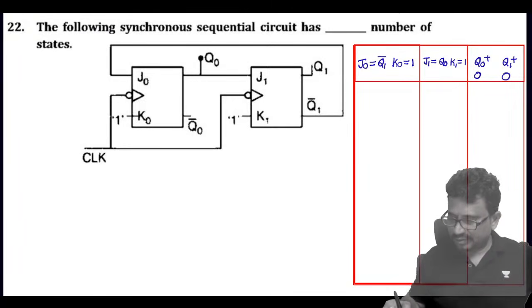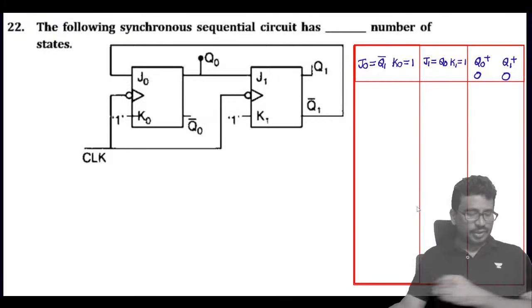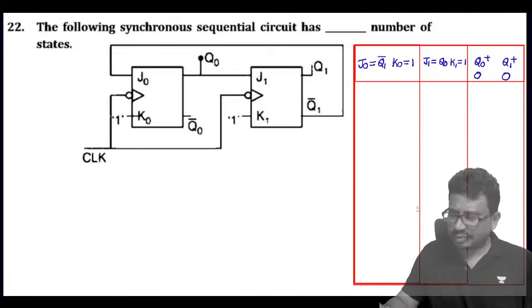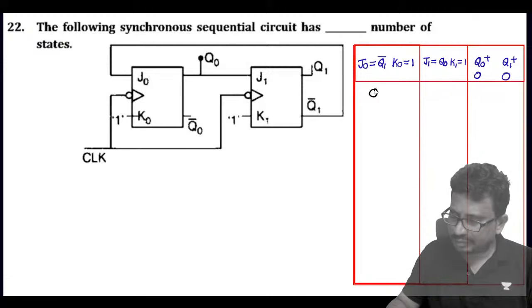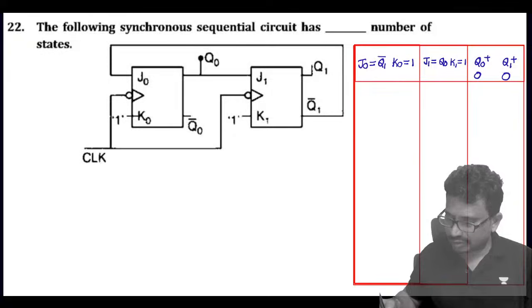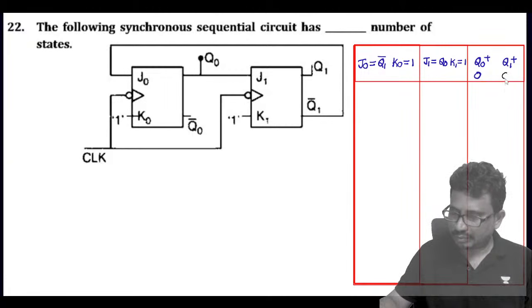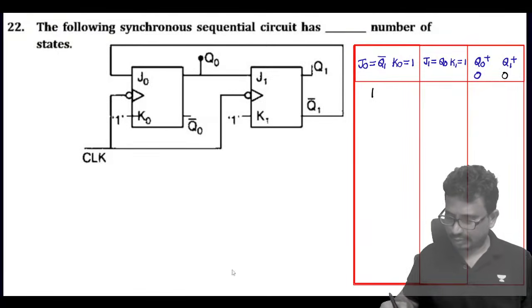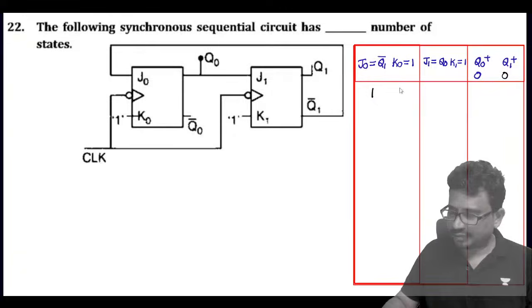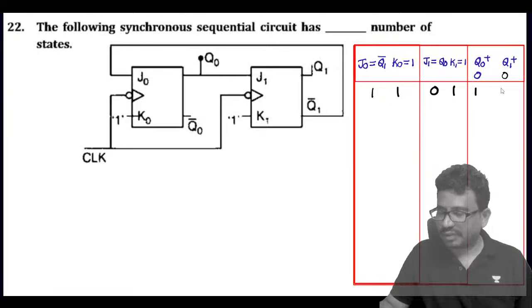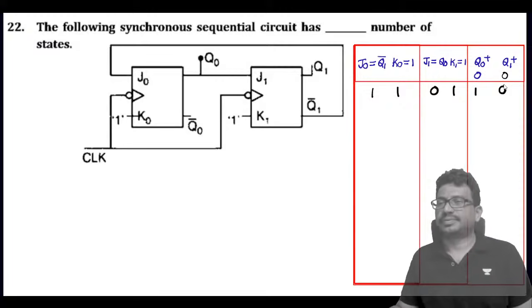Now Q1 bar will come as 0, so this is 1. Here 1 1 will come as toggle, 0 1 will come as reset.